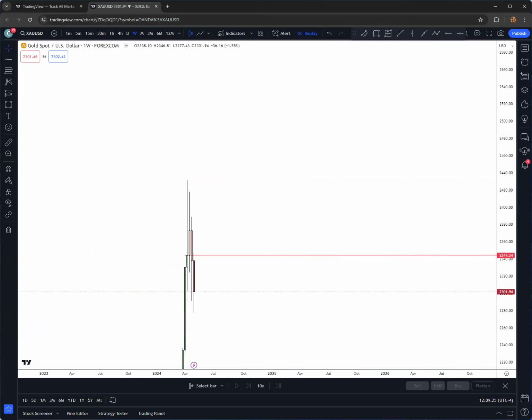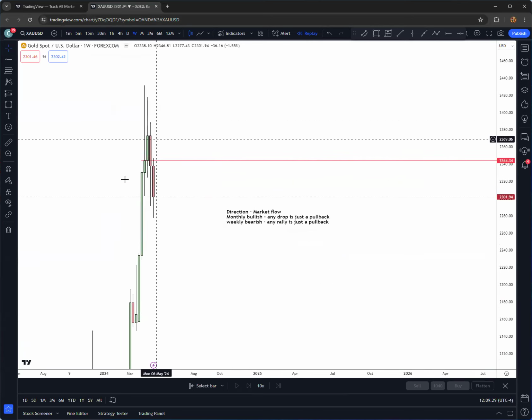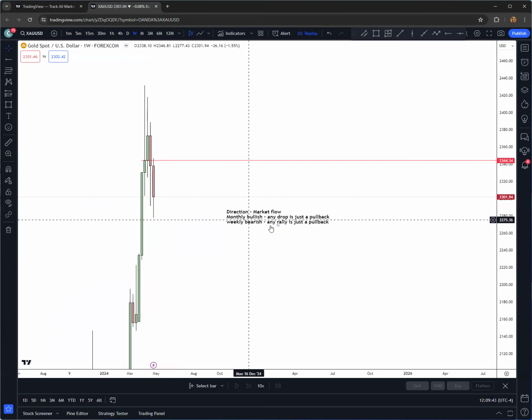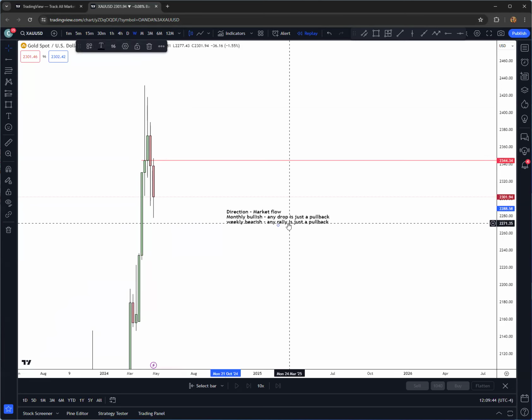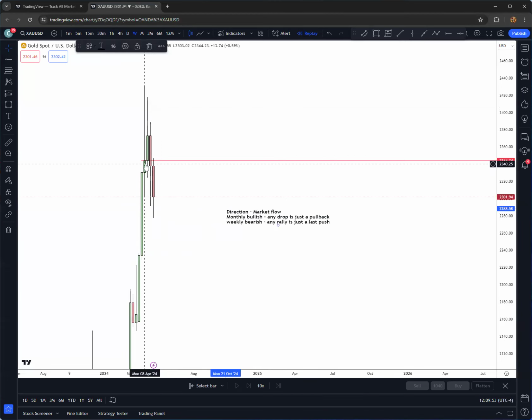Let's confirm some more. So with this close below the open of this, right? That's the pullback on this candle. So this candle did the pullback here. So market flow needs to shift. Now it's going to say this would be the last push because weekly is already bearish.